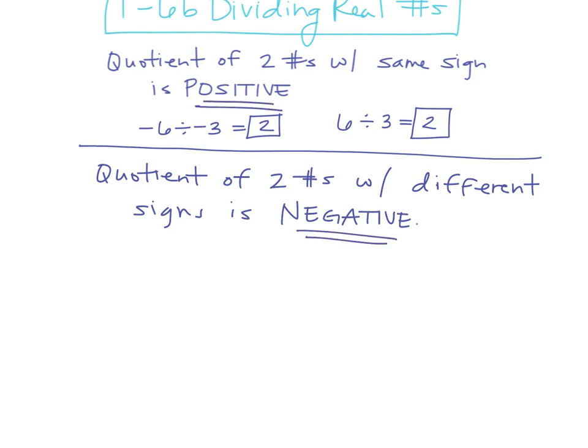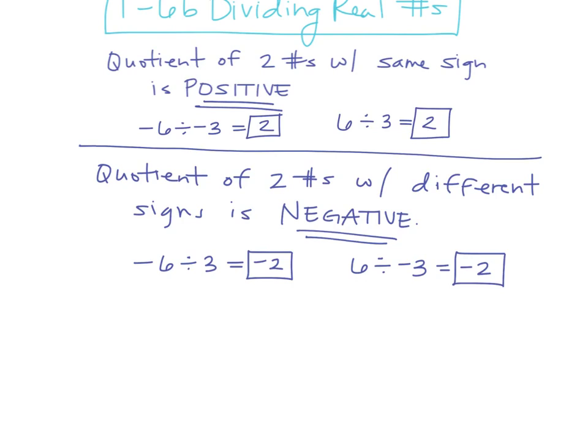Okay, so positive if they have the same sign, negative if they have different signs. So in other words, if I do -6 divided by a +3, I should get a -2 as my answer. Or if I were to flip that, a +6 divided by a -3, I should still get a -2. So if there's one negative, one positive, and we are dividing, your answer is negative. Okay?